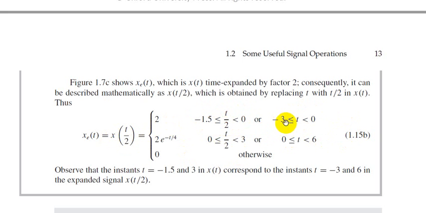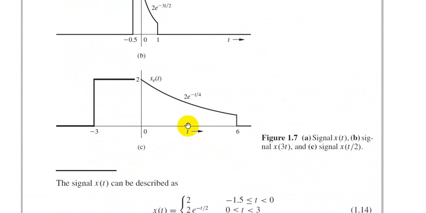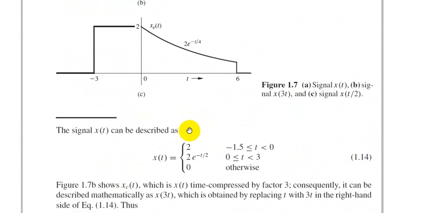We got -3 is less than or equal to t is less than 0. And for this condition, we have got 0 is less than or equal to t is less than 6, and 0 otherwise. Okay, so if we draw this x of t by 2 in a similar manner, we'll get this function over here. So this is how we do time scaling.